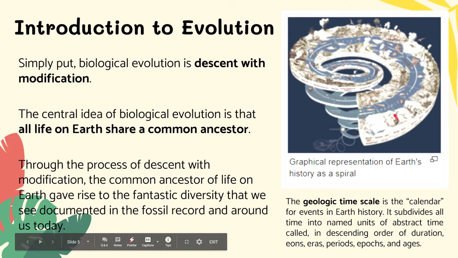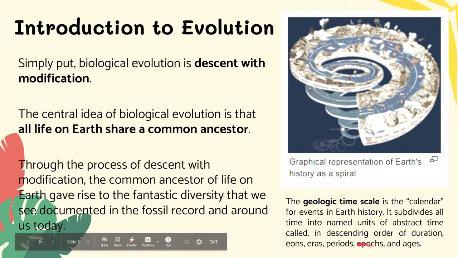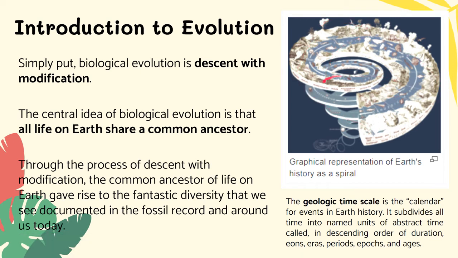We see that as you go back in time, there are changes in the organisms present in every eon, every era, every period, every epoch, and every age. So the geologic time scale helps us establish these concepts or central ideas about evolution.